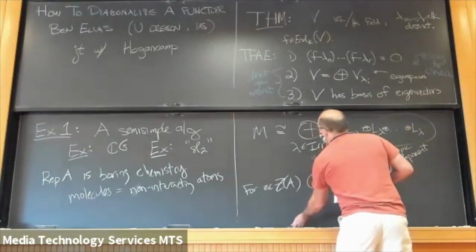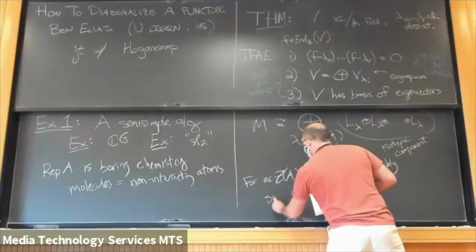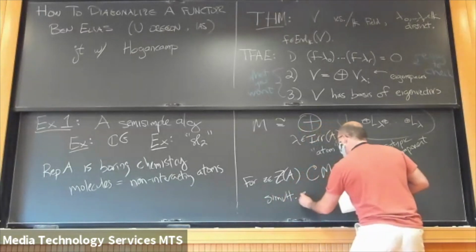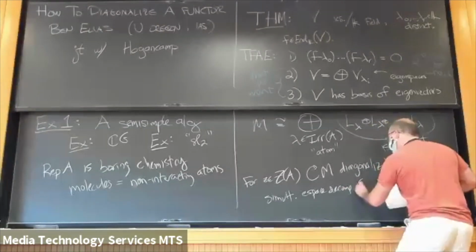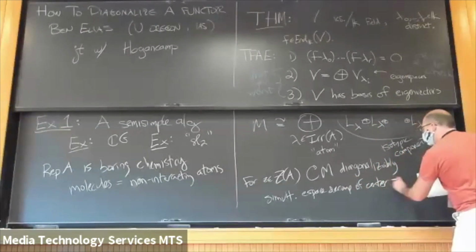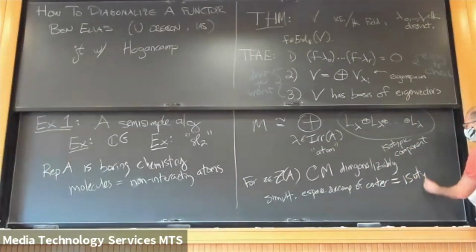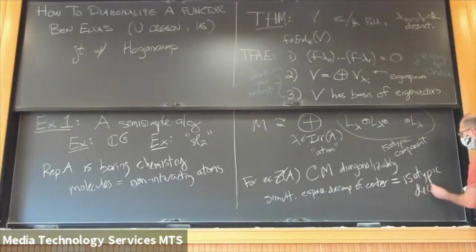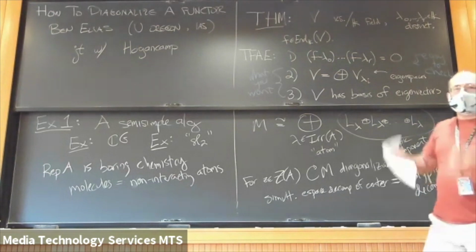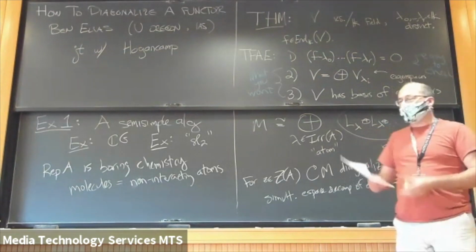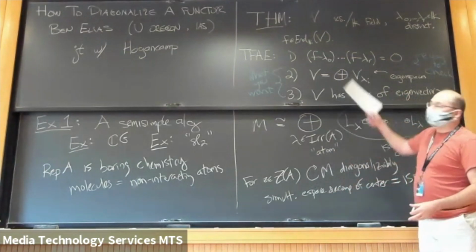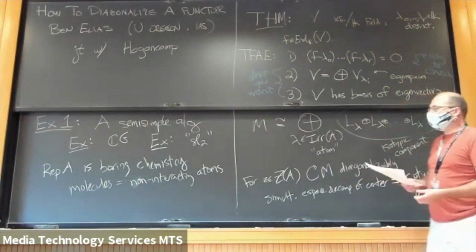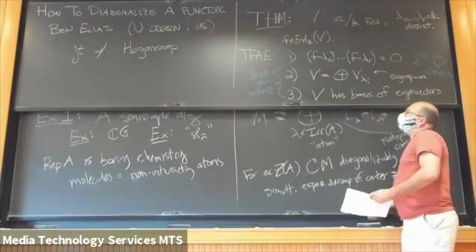And the simultaneous eigenspace decomposition of the center is the same thing as the isotypic decomposition. So if you have a molecule and you want to split it into its elementary pieces, you can simultaneously diagonalize the center and use this splitting method. That's one of my big motivations for diagonalization.